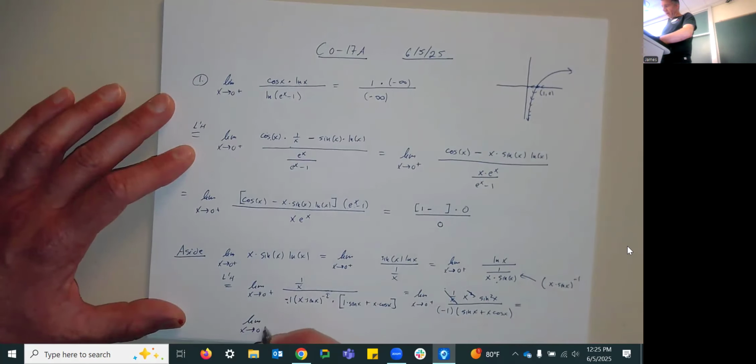So here's what we're going to get. I have an x sine squared, but I'm going to divide by x, so I'm going to have just a sine squared x on top. On the bottom, I have a -1 times a sine x over x plus a 1 times cosine of x. And finally, we can say sine x over x goes to 1. Cosine of 0 goes to 1, and sine squared of 0 is 0.